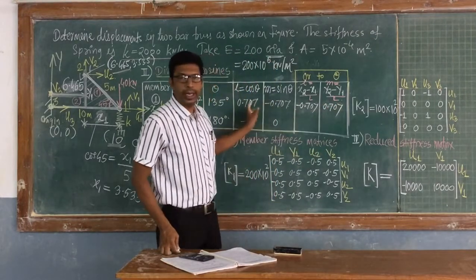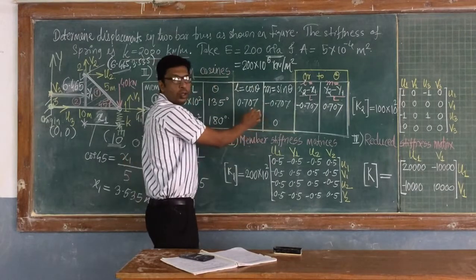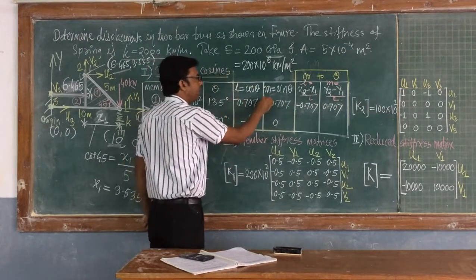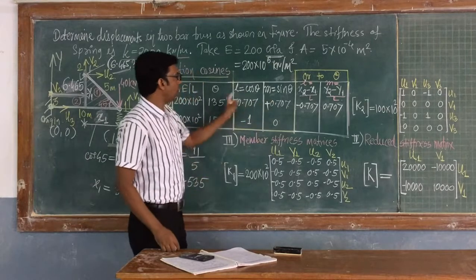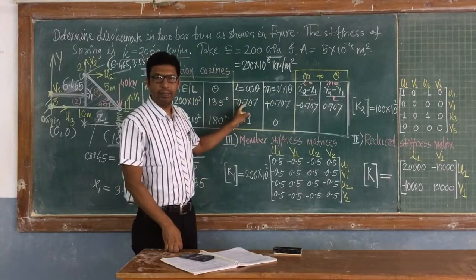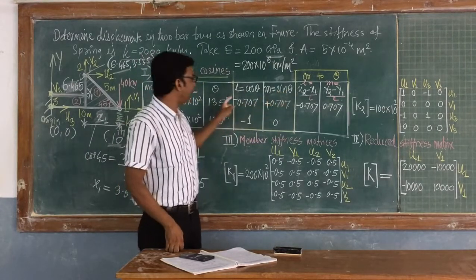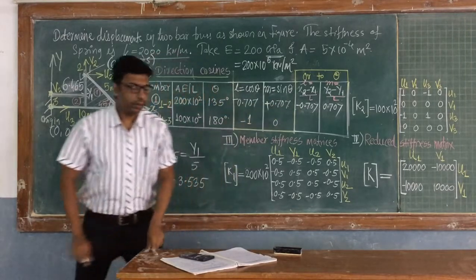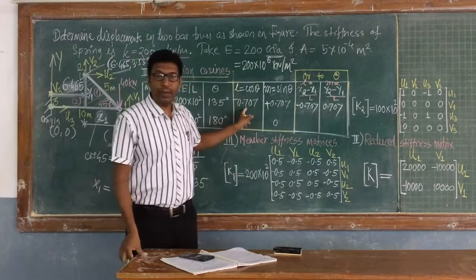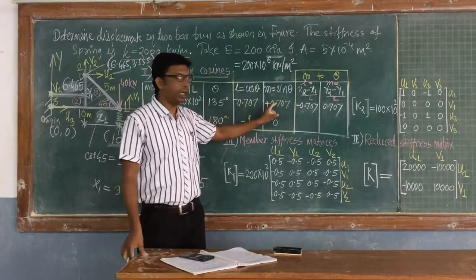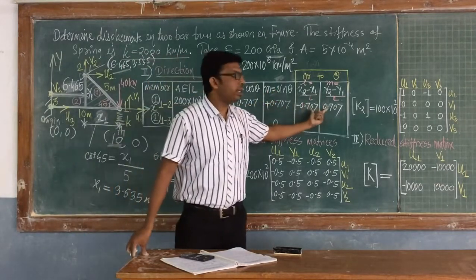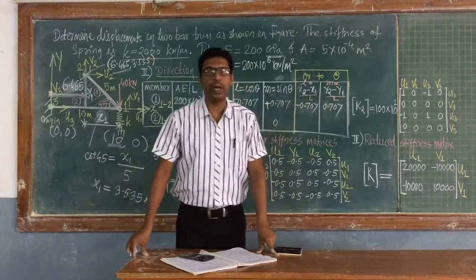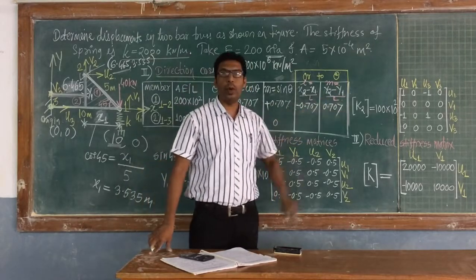Cos of 135 is minus and sin of 135 is plus. Please make note of it. Cos of 135 is minus, sin of 135 is plus. We got the same answer by x2 minus x1 upon L and y2 minus y1 upon L.